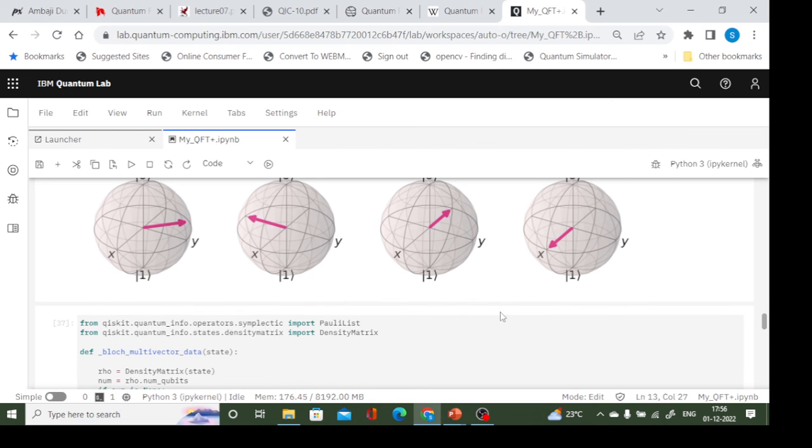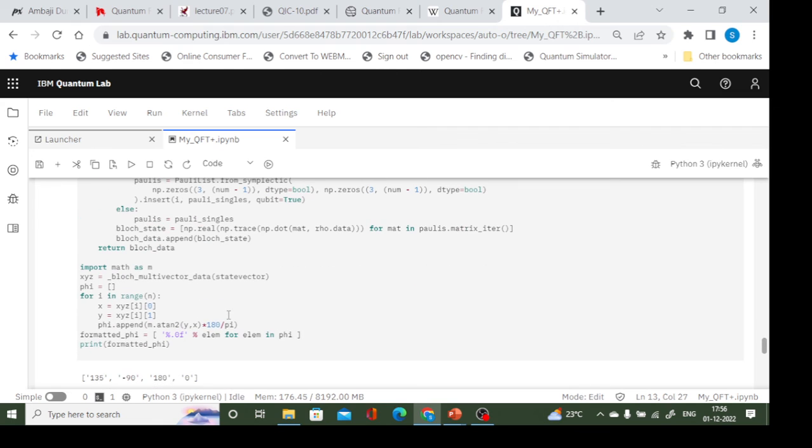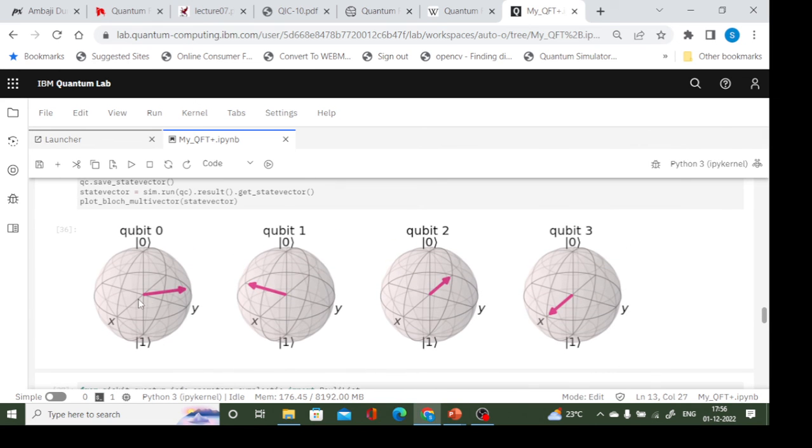I also wrote code to read out the angle values, again using source code given by IBM. I'm just trying to extract the data, and when I run it, I'm getting the angle in degrees like 135, minus 90, 180. You can see here, this is 135, this is minus 90, this is 180, and this is 0.